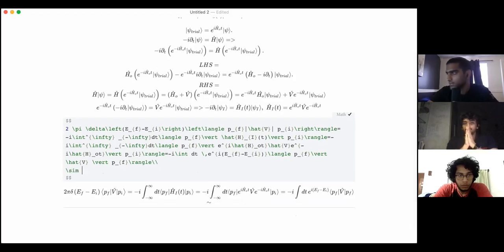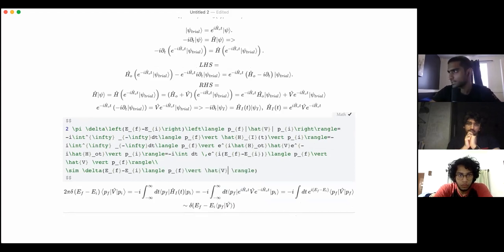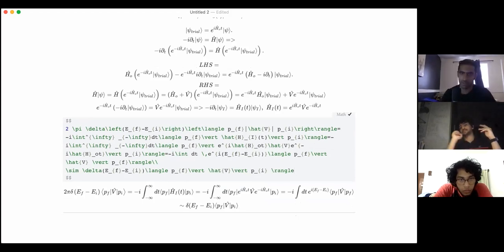This is more or less going to be delta of E_f minus E_i. The 2 pi is also picked up during the Fourier transform. I haven't committed to conventions for the Fourier transform and the inverse Fourier transform, so I'm shy of writing it down, but that's essentially where the 2 pi comes from.